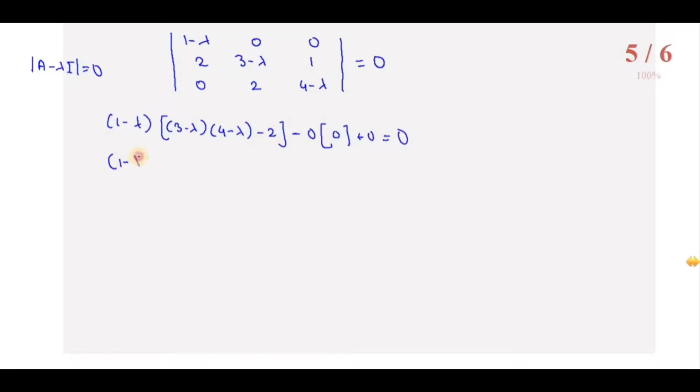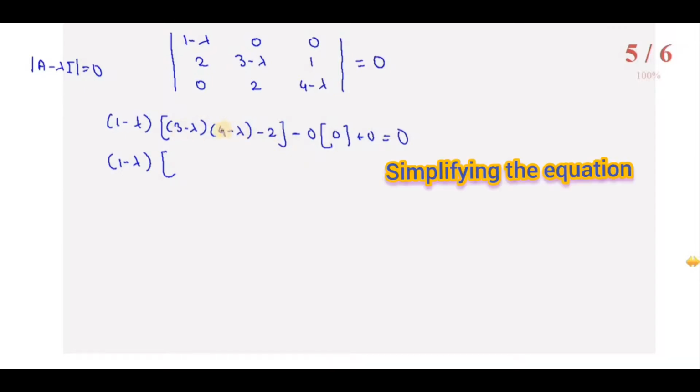So 1 minus lambda, simplifying this bracket: 3 into 4 is 12, minus 3 lambda, then minus lambda into 4, minus 4 lambda, minus lambda into minus lambda, plus lambda square, minus 2, is equal to 0.